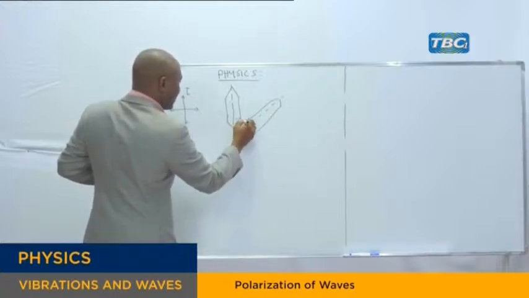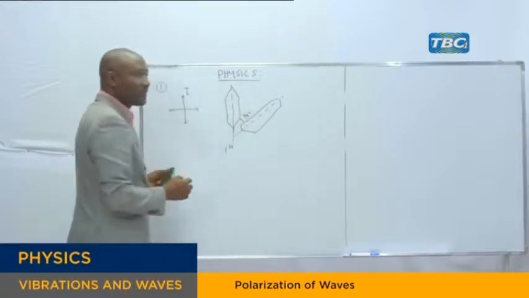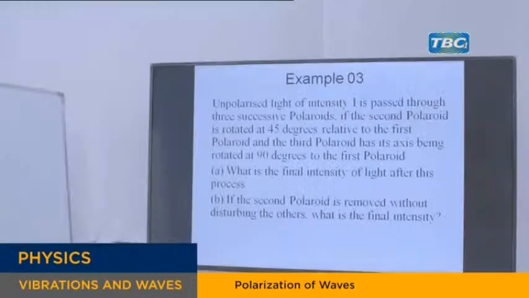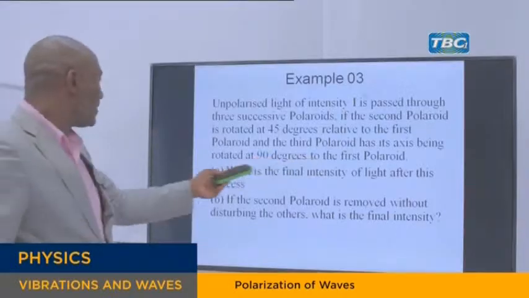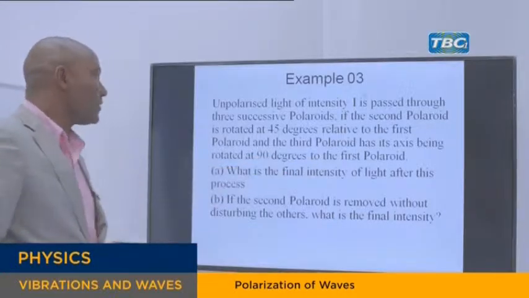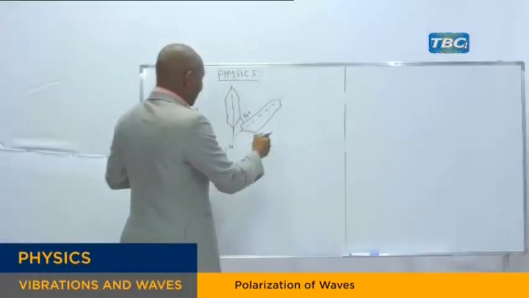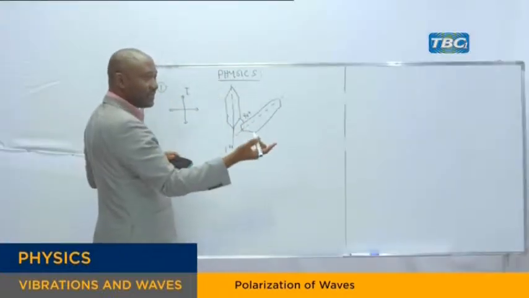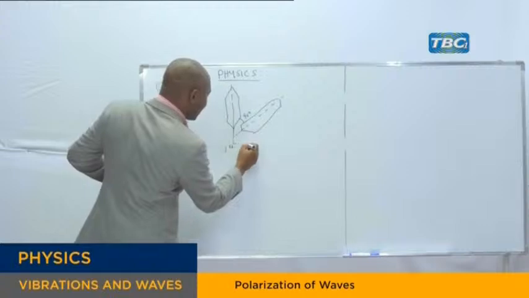So this angle here is 45. And the third polarizer has its axis rotated 90 degrees to the first. So the angle between the third one and the first is 90. It means the third one is horizontal here.